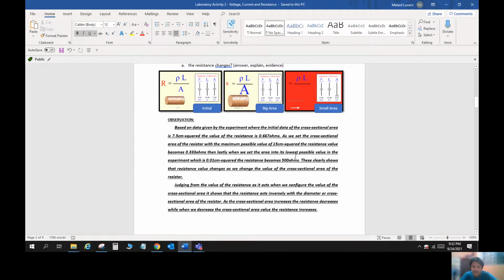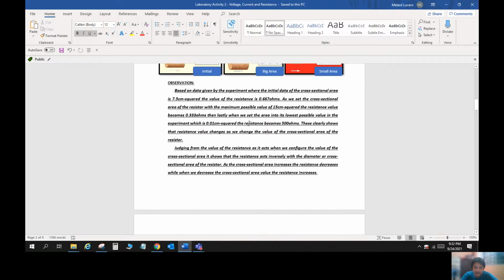Then on the opposite side or inversely, habang nililiitin natin ang wire or binabawasan natin yung diameter niya or yung area niya, mas tumataas naman yung resistance value. So that is the inverse relationship of the resistance with regards to the cross-sectional area.